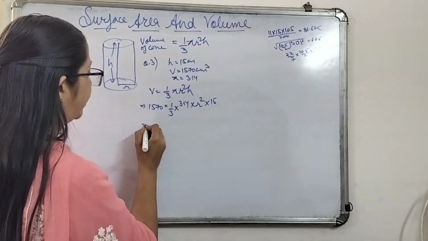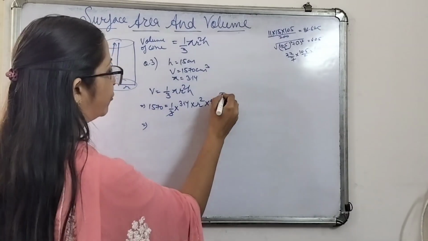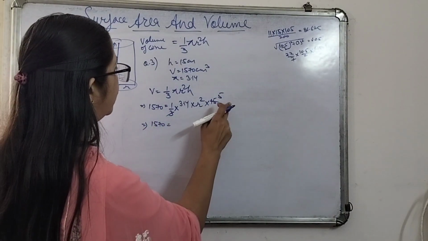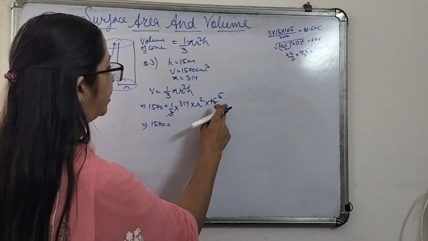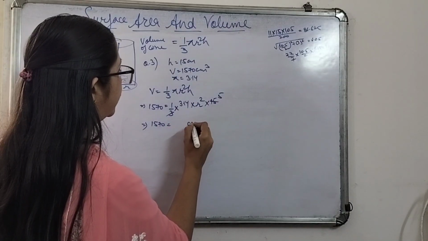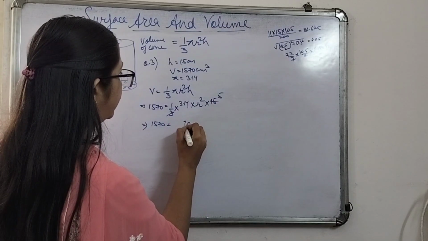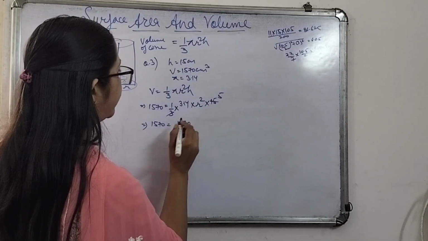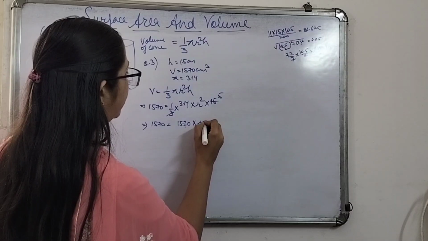Now if we solve it further, 3 5s are 15. So 1570 is equivalent to, if we multiply 3.14 and 5, that is 15.70, multiplied by r square.